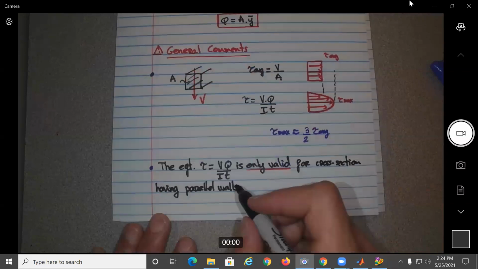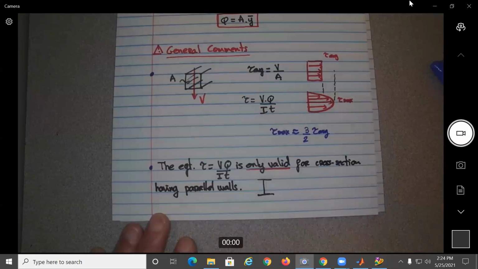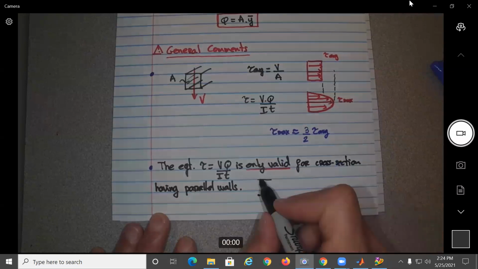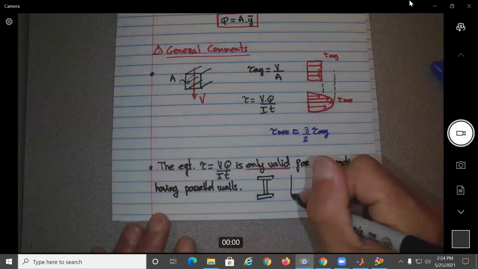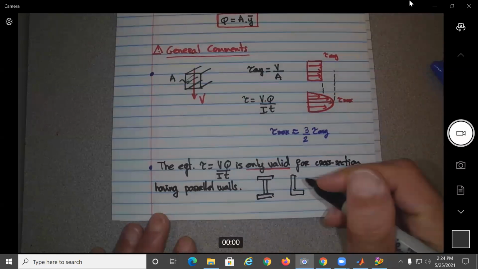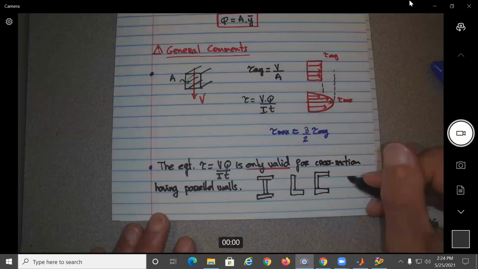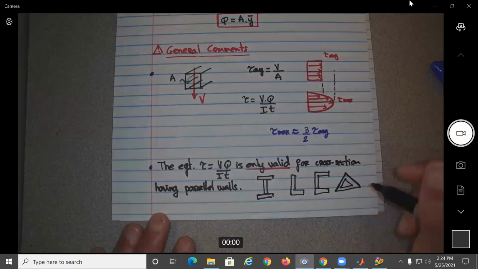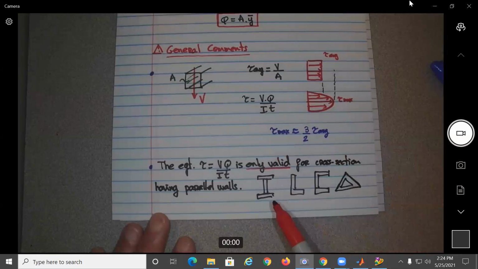So for example, this is valid for what? Let me ask you here, tell me which one will be correct or not. I do multiple ones. So let's see. Will this expression be valid for this one? Are the walls parallel? Will it be valid for this one?